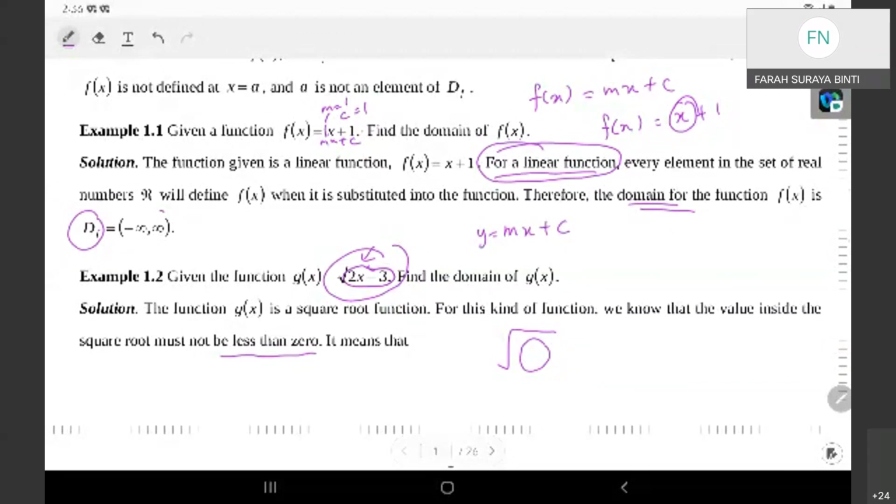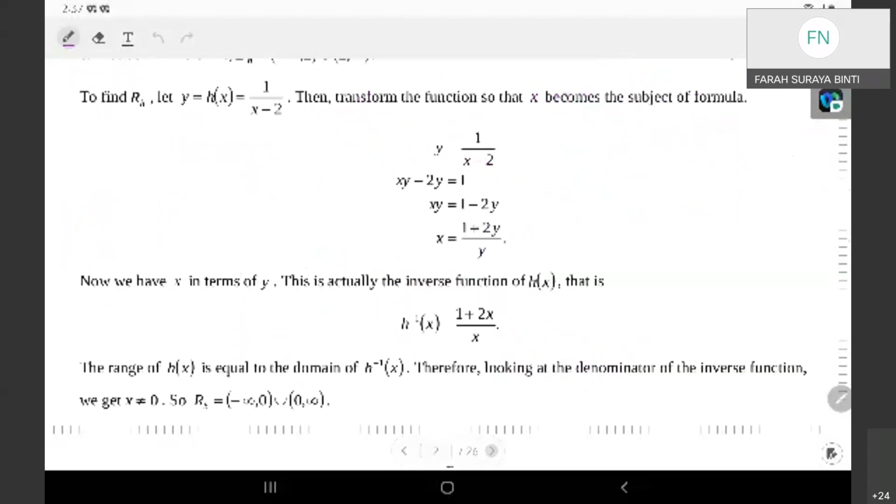Kenapa? Try kira, ambil calculator. Try kira square root negative 5, square root negative 100. Awak akan dapat jawapan error kat calculator. So maksudnya values inside any square root must not be negative number. Maksudnya must not be less than 0. Okay, harap faham yang tu.